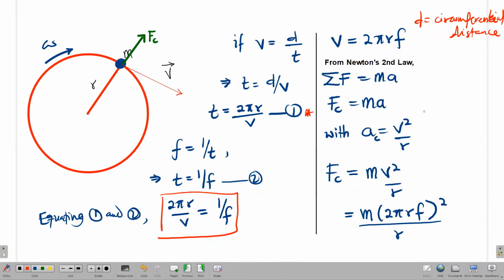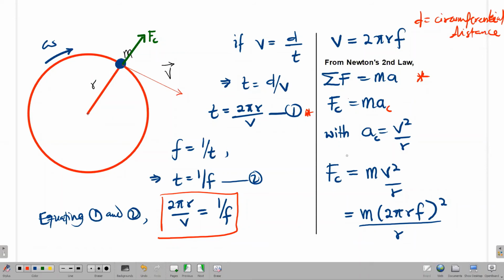Again, from Newton's second law, we can agree that all the forces that sum should be equal to the mass times the acceleration. So the centrifugal force will be equal to the mass times the centrifugal acceleration.